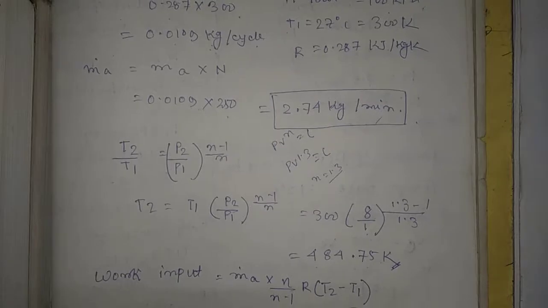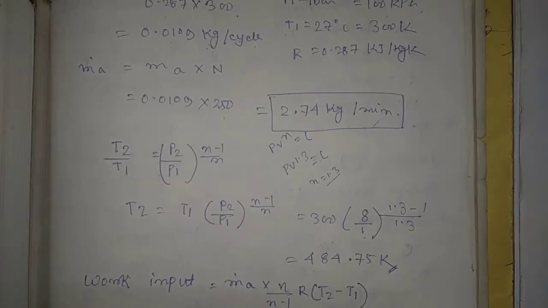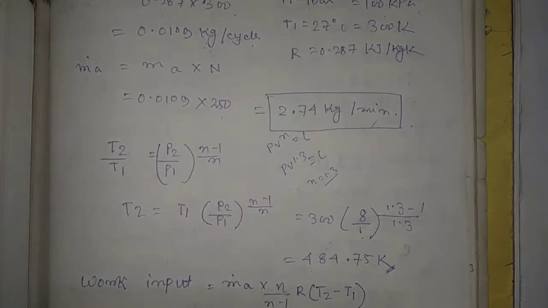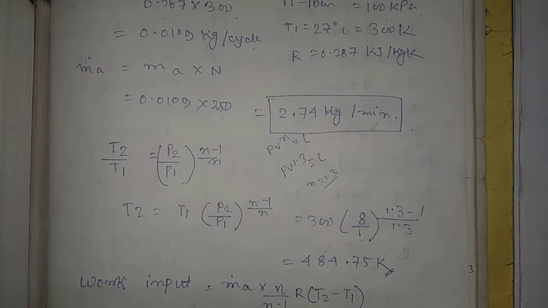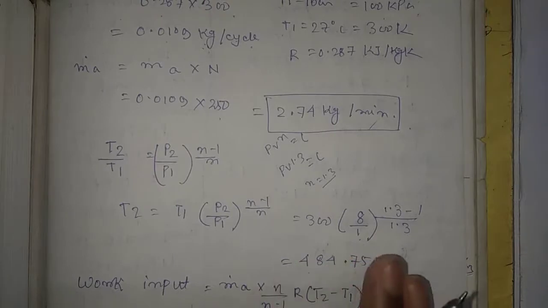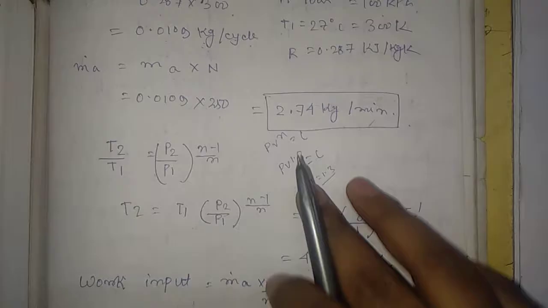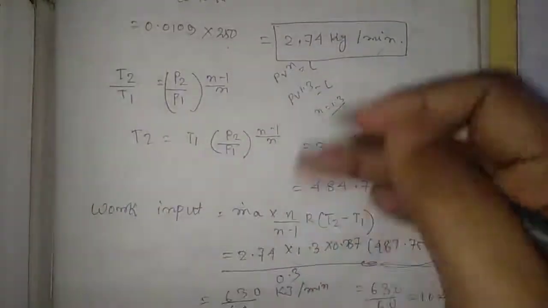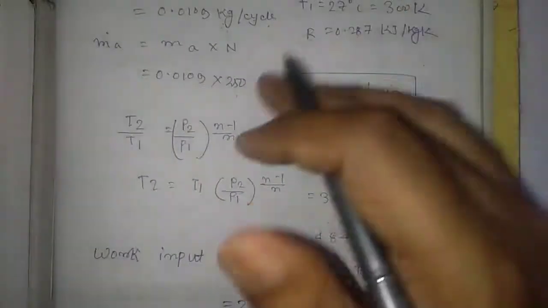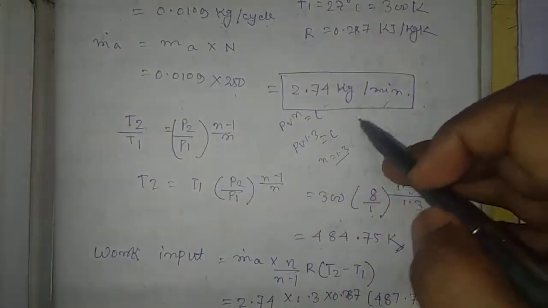Okay, now you have to calculate the power required in kilowatt. So first you have to calculate the work input. When you calculate the work input, the expression involves the amount of mass. In your previous lecture video we assumed that m is equal to 1, but actually in this case the rate of mass compressed is 2.74 kg per minute.